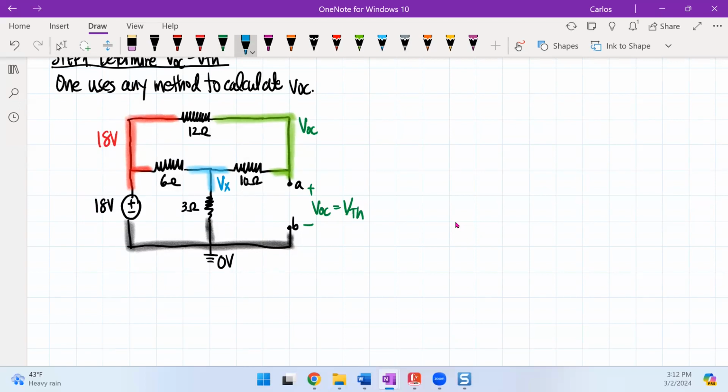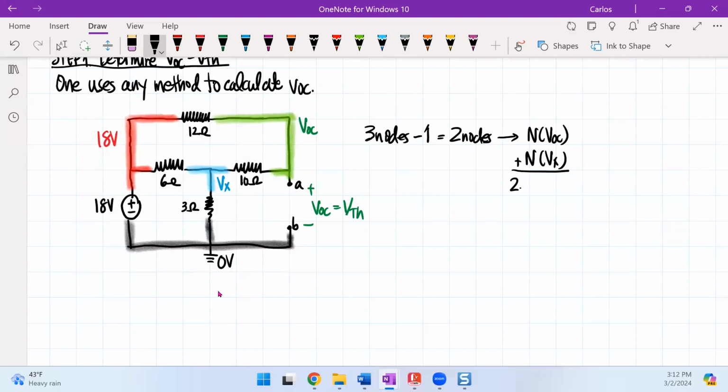So we want to calculate VOC. If I do my counting, I can see here that without the ground, we have the red, the blue, and the green. So I have 3 nodes minus 1 source, so I have 2 nodes to solve for. I have a node for VOC and a node for VX.